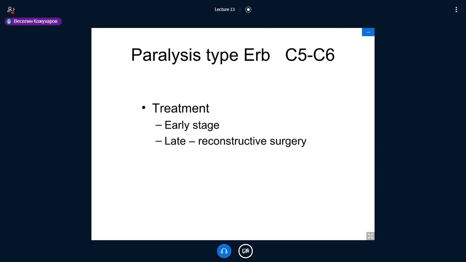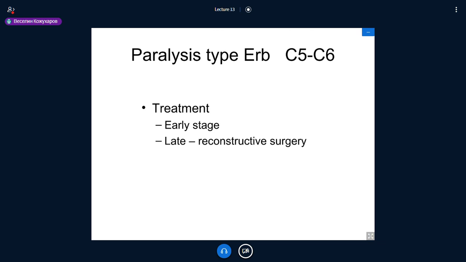At the late stage, after the paralysis is present, it comes time for reconstructive surgery. Reconstructive surgery could be addressed to regain the abduction and external rotation of the shoulder. Usually, it's addressed to orthopedic surgeons.